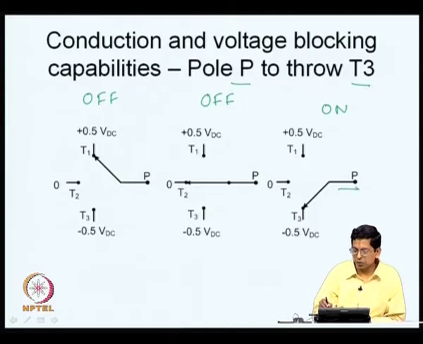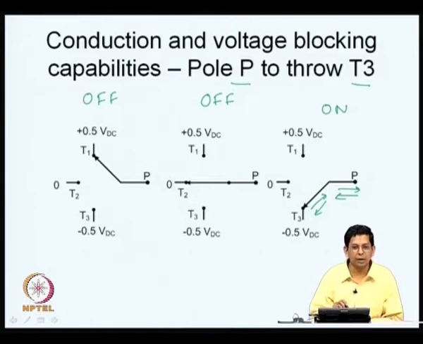In the on state, there is always current flowing through the pole, and it flows through T3. Between P and T3 you need bidirectional current carrying capability. So, once again you need a switch which is capable of conducting in both the directions. This is quite similar to what we had between pole P and throw T1.